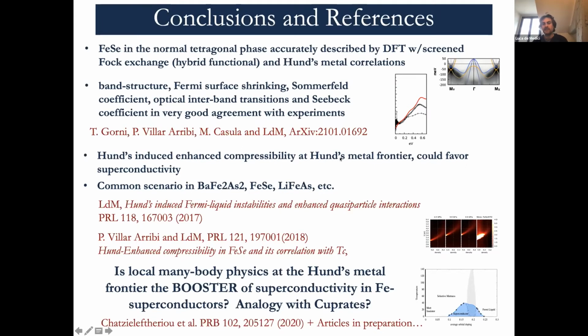And the important point is having this improved description from DFT and being in the Hund's metal zone. Otherwise, the bands wouldn't match at all. And there is an importance in being closer or further from this Hund's metal frontier, and maybe the fact that most of the compounds that we find with high TC are at or close to the Hund's metal frontier might be an indication that this frontier and the compressibility peak that you find there is a booster for superconductivity.